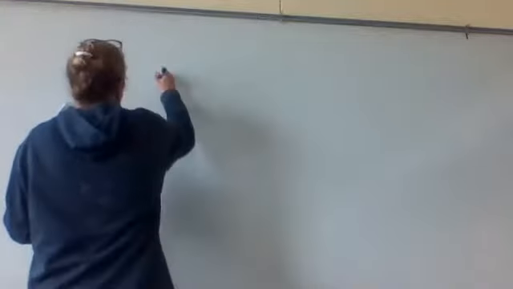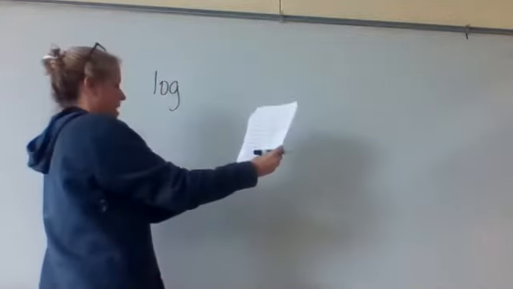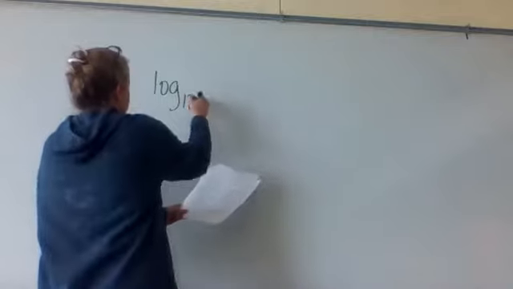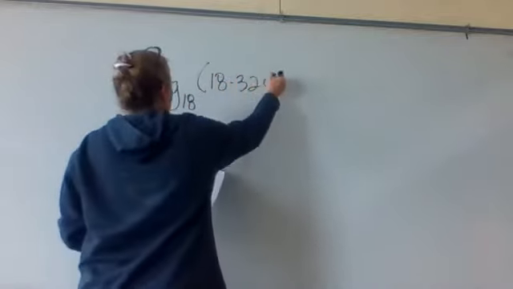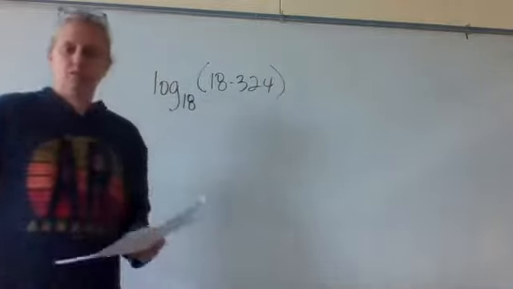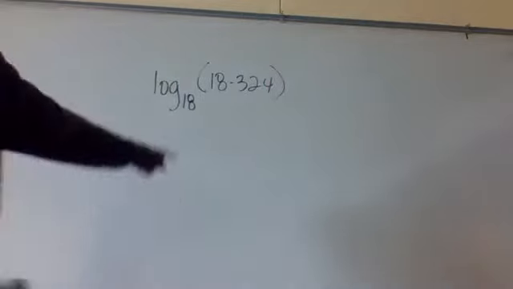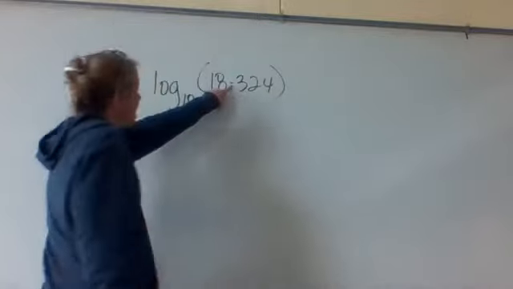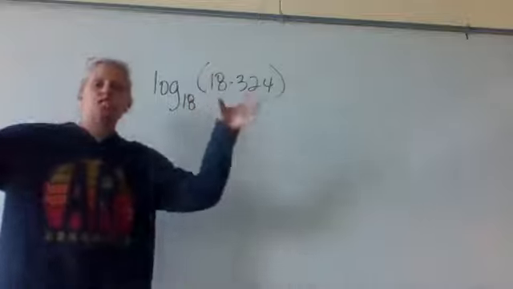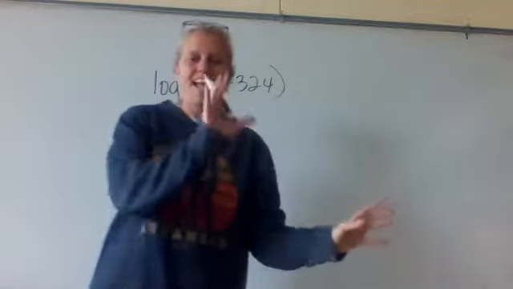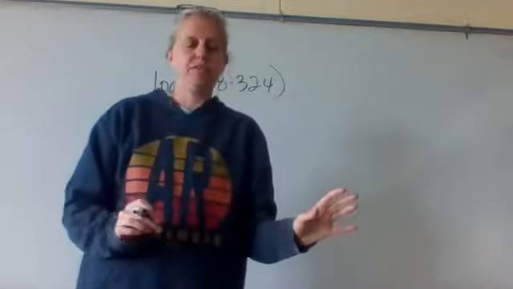All right, number 16 says express as a sum of logarithms. You've got log base 18 of 18 times 324. So remember, what does multiplication of logs turn into? I can write it as 2 separate logs being added together.